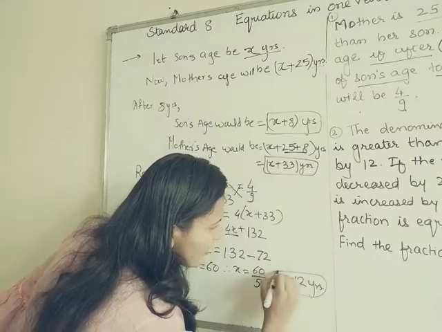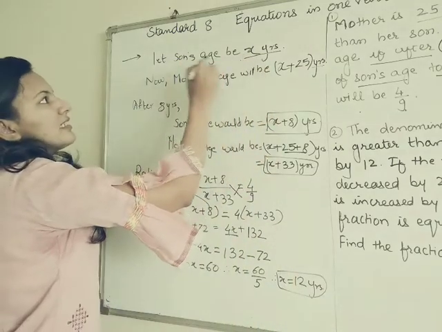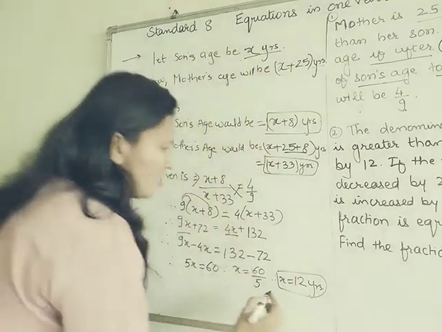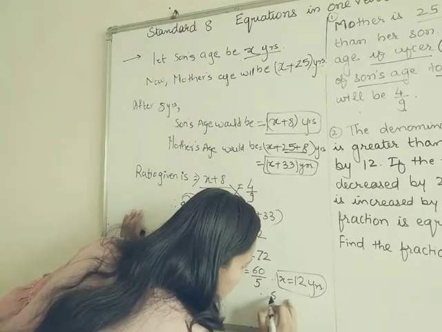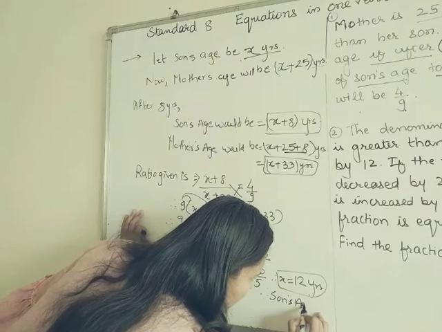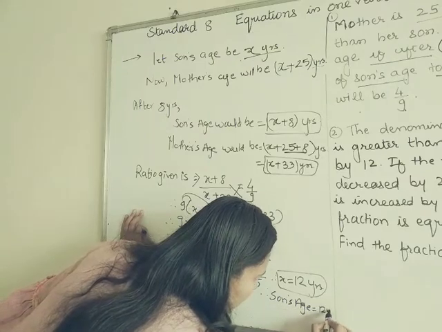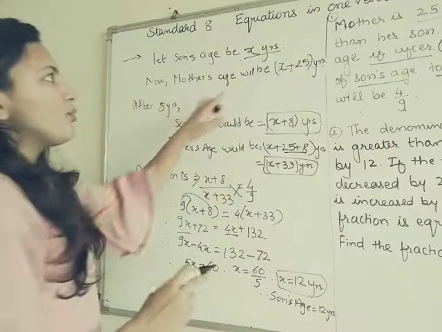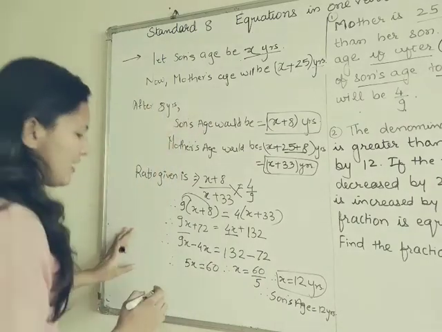So what is x? X is son's age, that is the present age. So here we have got the value of son's age. Son's age is 12 years. So let's find out the value of mother's age.